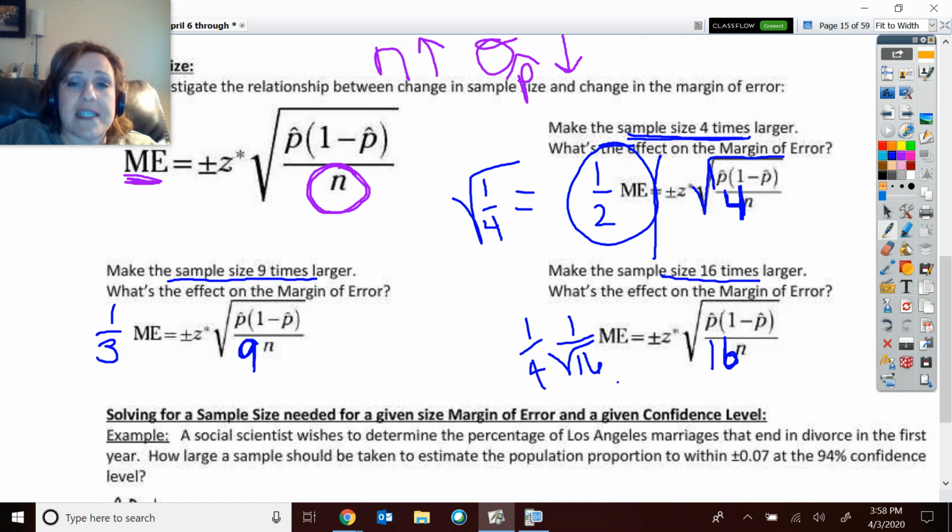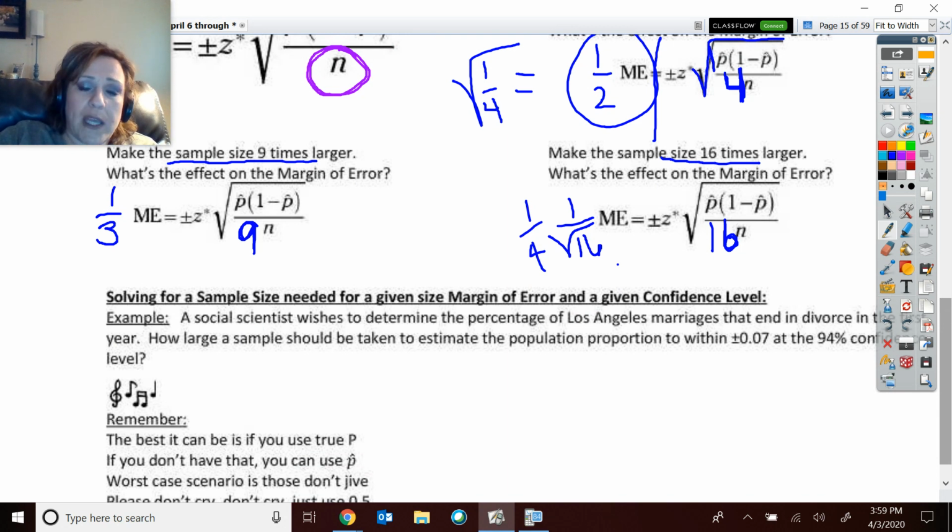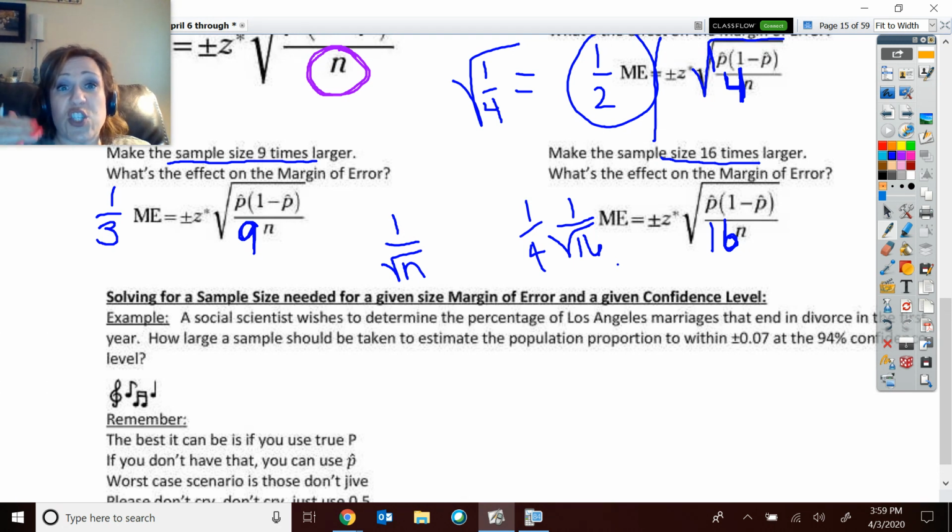So in other words, in this case, 1/4. Okay, in general, for every times you get bigger, your margin of error gets smaller by 1 over the square root of that change in n.